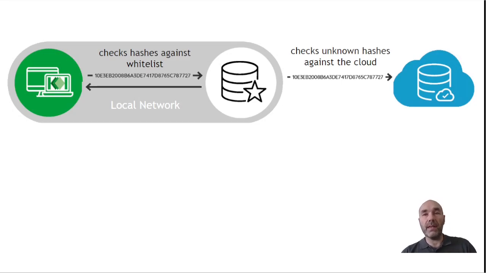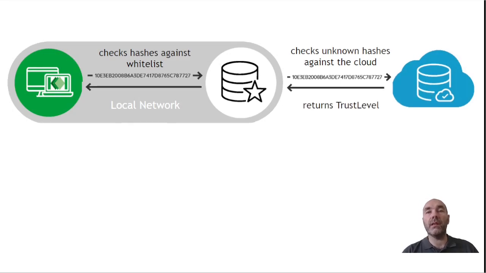On this cloud-based whitelist server, as I said, we have millions and millions of hashes from the releases of the major manufacturers. So it's very likely, as in 99.5% of the requests that we see on this network interface, that we can give a good trust level because we already know about this good hash of this good software. Therefore, the TrustLevel database will return a good trust level to your local whitelist.